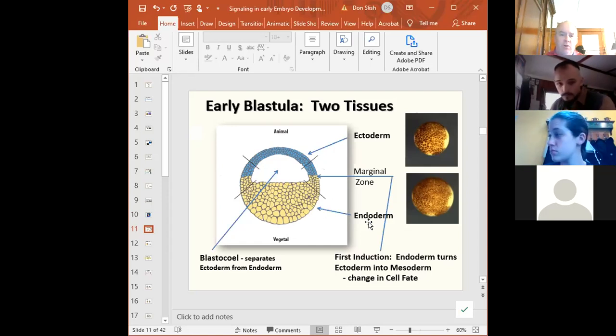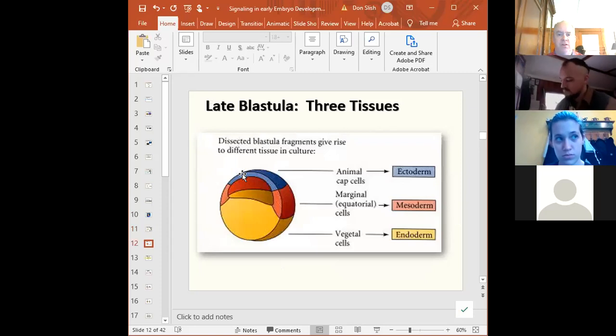What's going to happen is right here in the marginal zone between the endoderm and the ectoderm, the endoderm will release some signaling molecules, and those are going to activate signal transduction pathways, TGF-beta like, and that will turn these ectodermal cells into a new tissue called mesoderm.